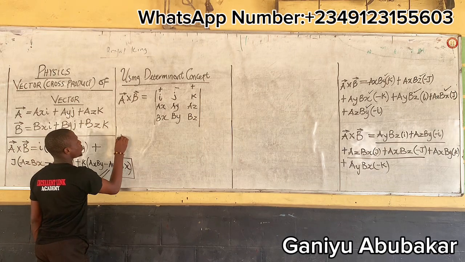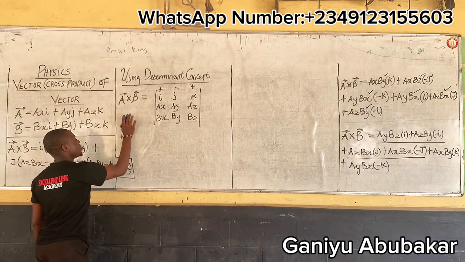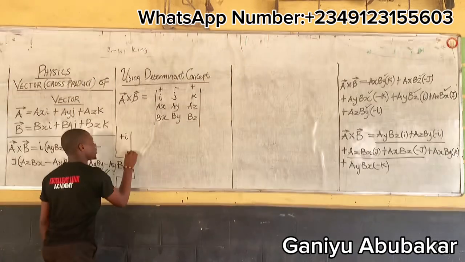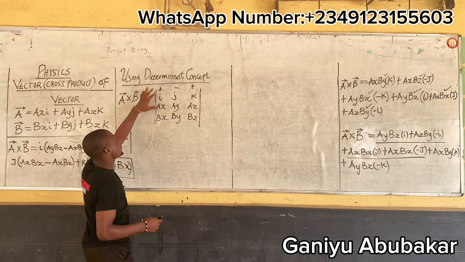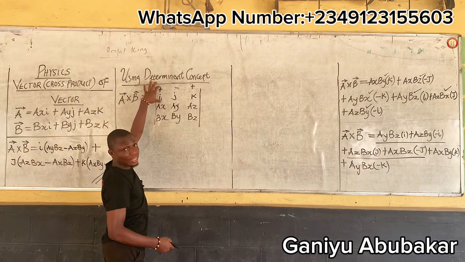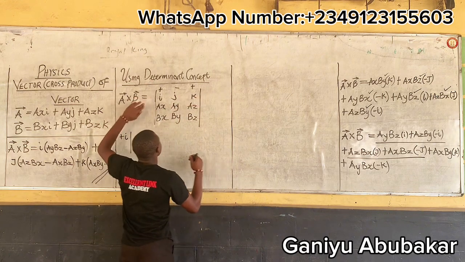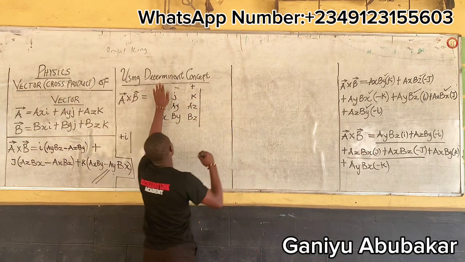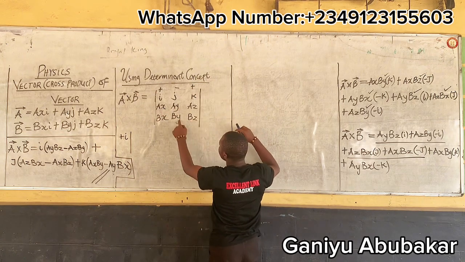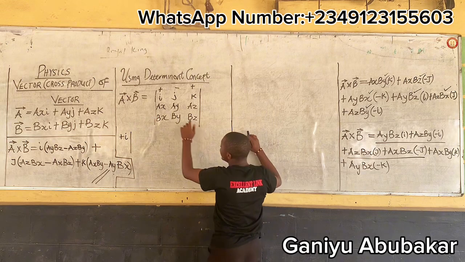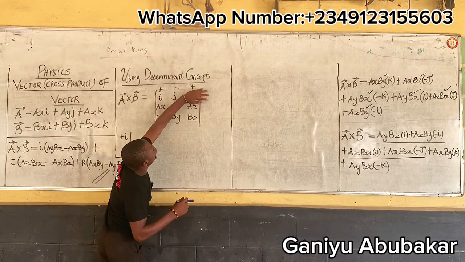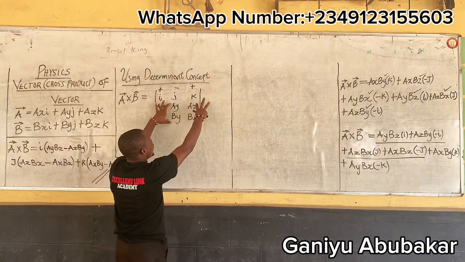If I start with plus I, I'm going to cover the row and column of I. This is my row of I, this is my column. If I cover these up, I'll be left with AY, AZ, BY, and BZ, these 4.